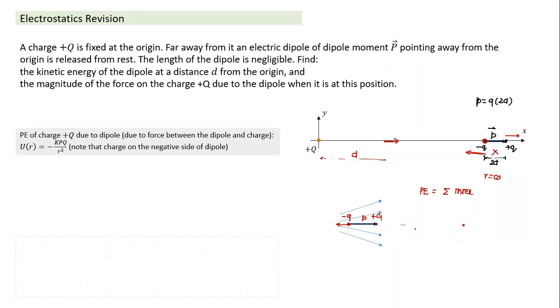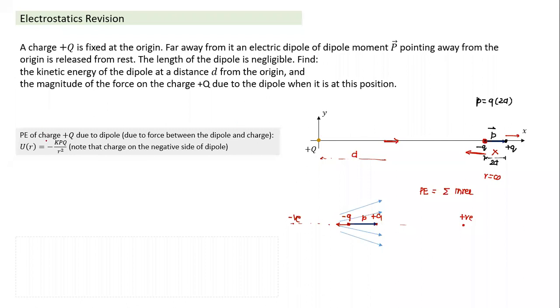This potential is due to two charges, plus Q and minus Q. Since the two charges are equal, the sign of the potential depends on the nearer charge. On this side the plus Q charge is nearer, so this will have positive potential. And any point on the negative side of the dipole will have a negative potential. So here the plus Q is placed on the negative side.